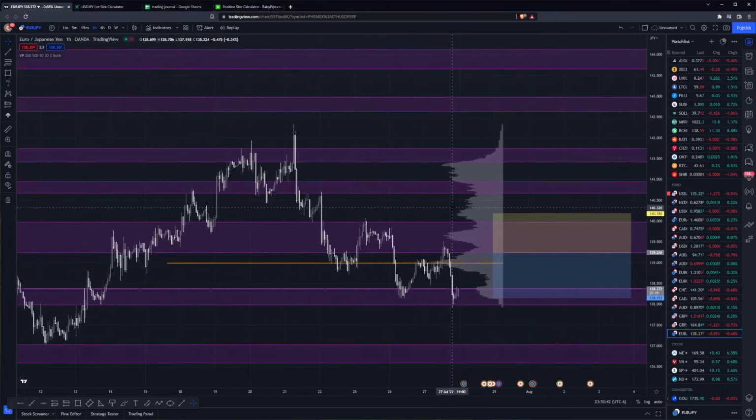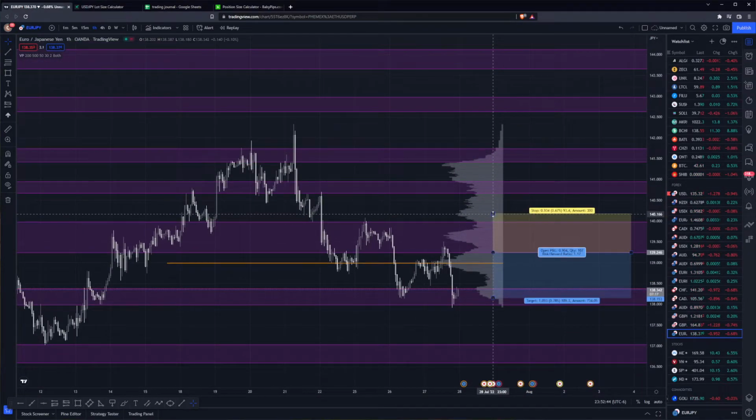So in this case, probably stick my stop above the highest high, but also above where this zone meets price, if that makes sense.